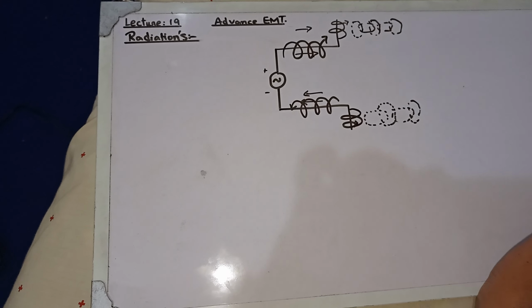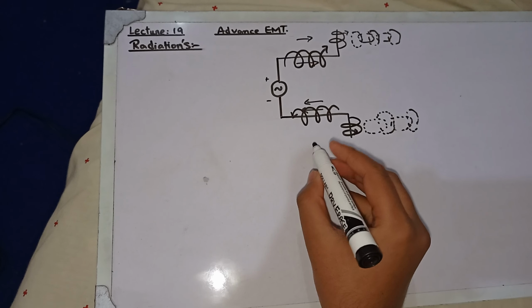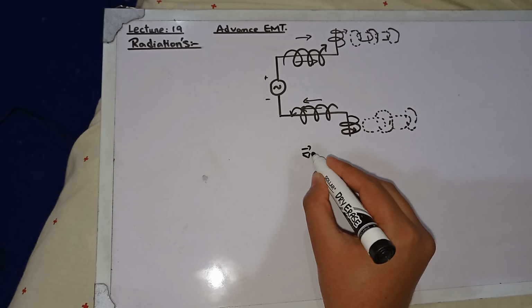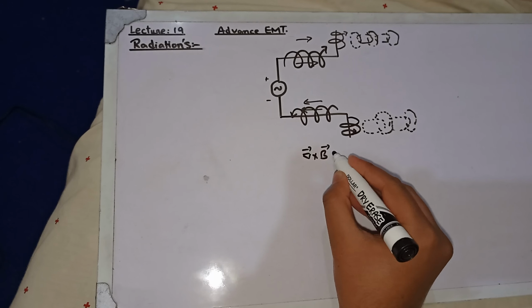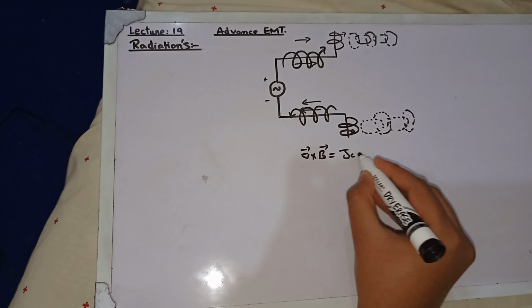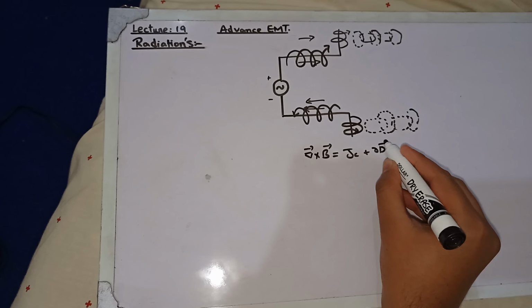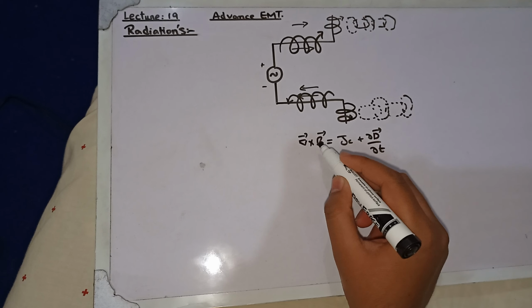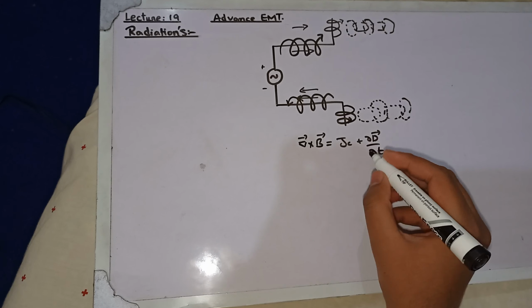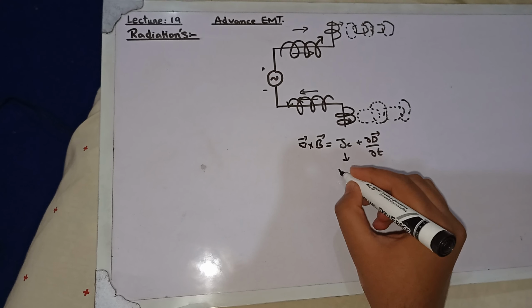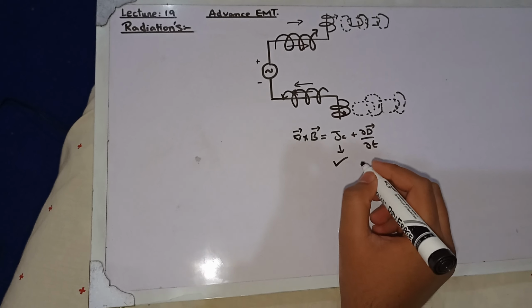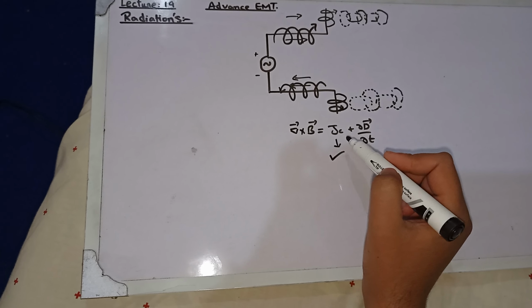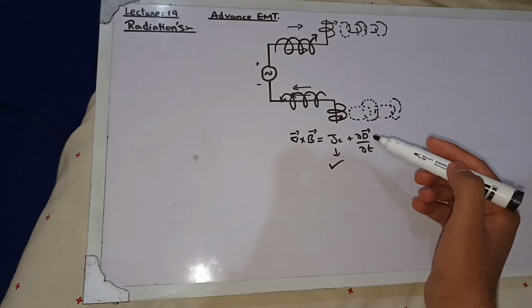As we know the relation del cross B equals JC plus partial D by partial t, meaning a change in electric field produces a change in magnetic field. But in this scenario, JC, the conduction current, has done its job.